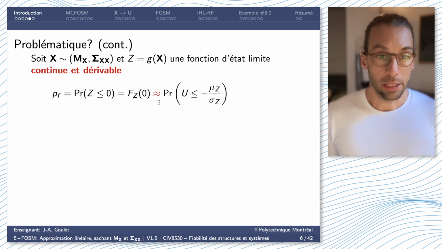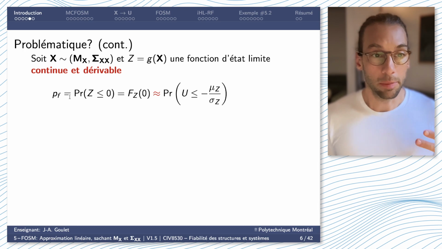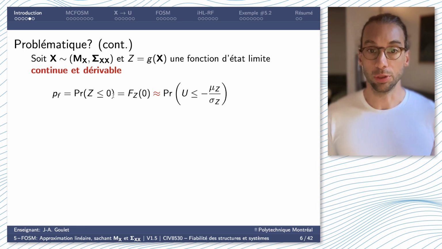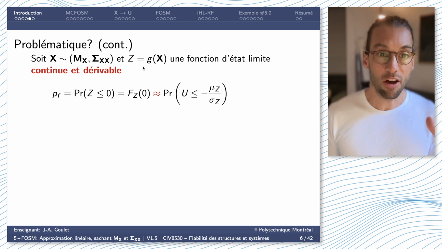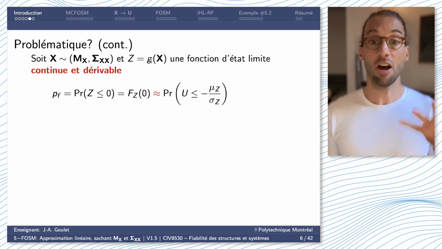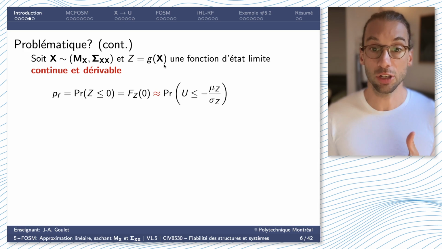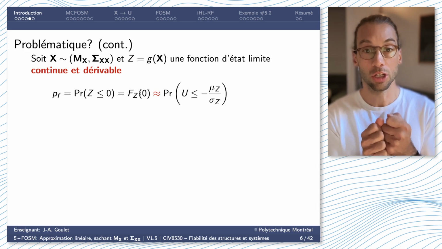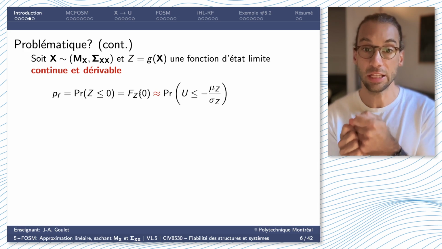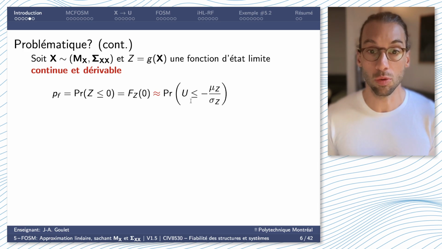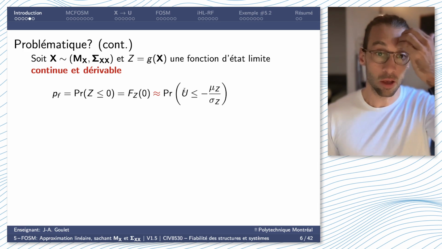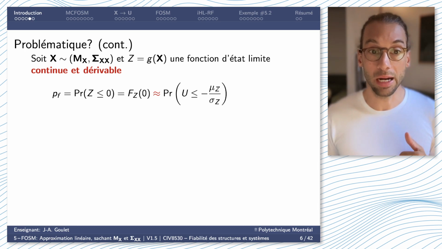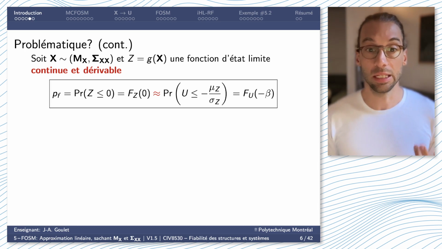So, as I said, the PF is the probability that z is less than or equal to 0. This is equal to the CDF of my z, so basically the CDF of my limit state function outcome. And we saw that if we want to evaluate that CDF in the z space, this is equivalent to transforming our z into the standard normal space U by saying that I want to evaluate that standard normal random variable for a value that is less than or equal to minus mu z divided by sigma z, the standard deviation.